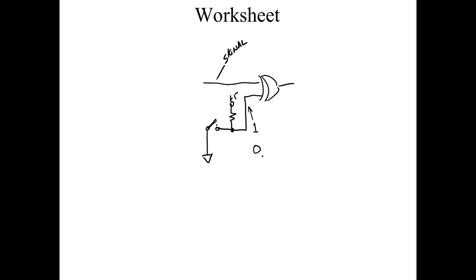So here we're going to get a true high, or we're going to get a true low. Do you understand that? So if I was to come over here and do this, and then I come over here and put the switch right there. So what would I get if the switch was open?